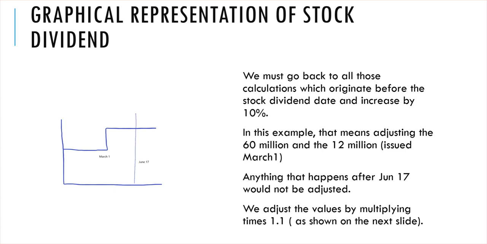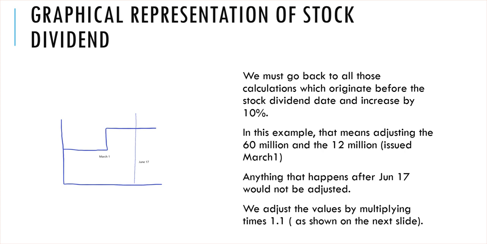Recall that that means that everyone who owns a share of stock would get 10% of the shares that they have in addition to what they had before. So the total number of shares outstanding is going to be the previous number of shares outstanding times 1.1, because it's the same number plus 10% more.